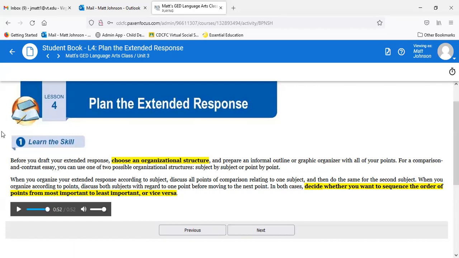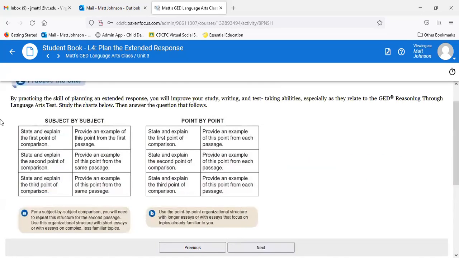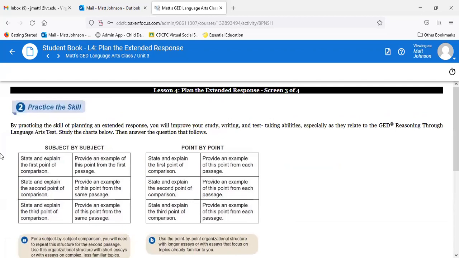There you go. So point by point or subject by subject. And we'll get a little more explanation here as to what they mean. So subject by subject, right? You state and explain the first point of comparison, and then provide an example of this point from the first passage.